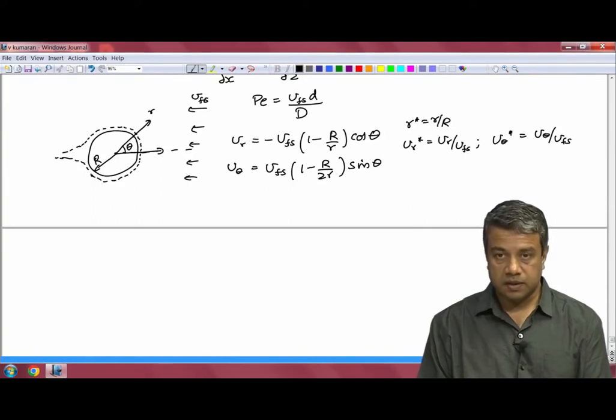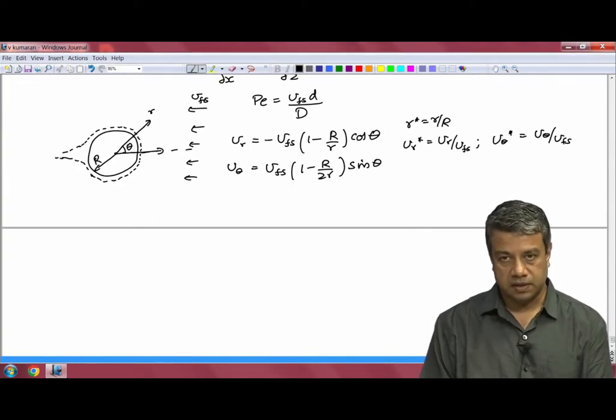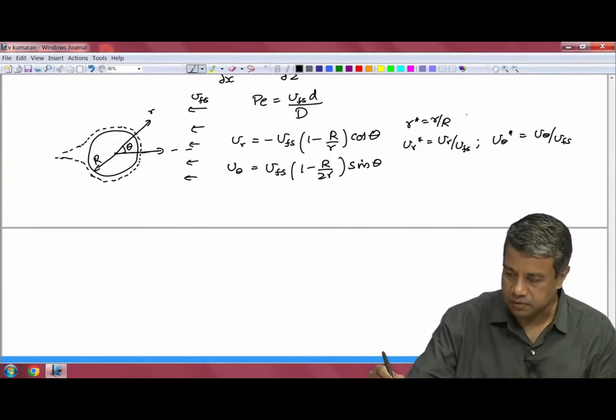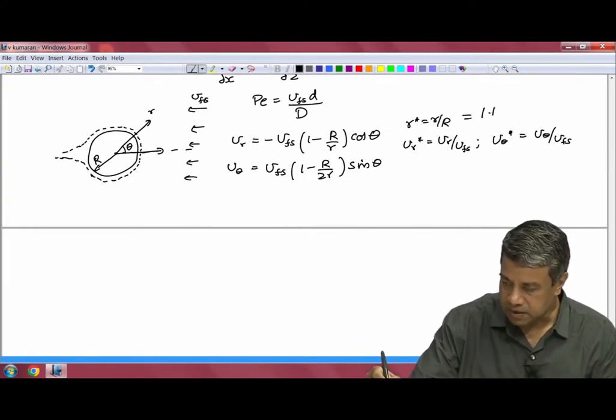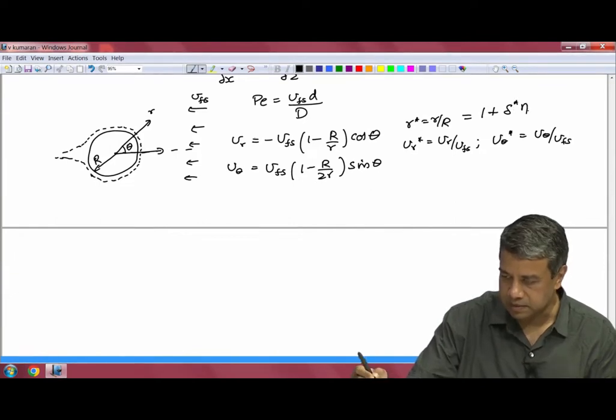And the boundary layer approximation in this case as well. The boundary layer approximation: R star is equal to 1 plus delta star times eta.